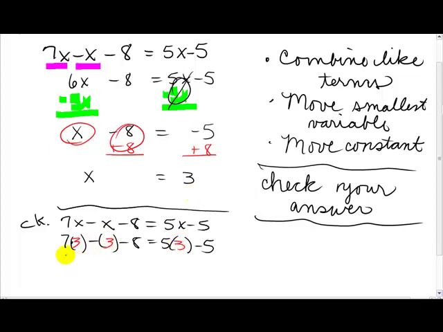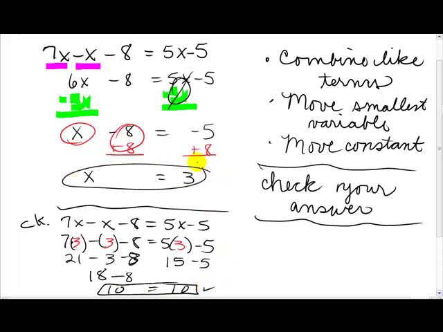Multiply first, so we have 21 minus 3 minus 8. That's going to give me 18 minus 8, 10. Over here we'll have 15 minus 5, 10. So our two numbers match. Very good. So check your answers.